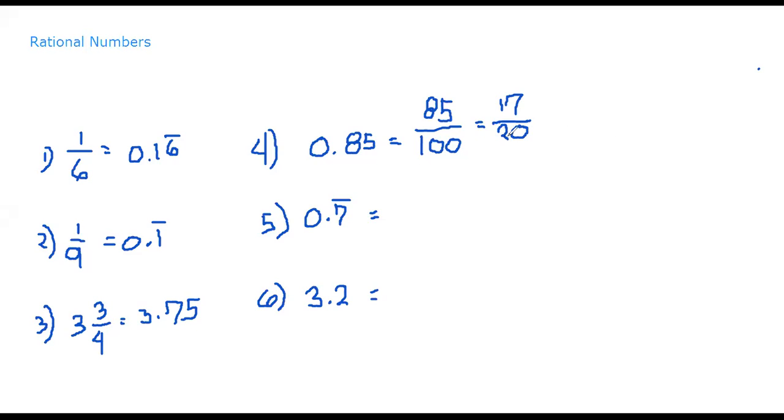So, they are both divisible by 5. Okay. Then, number 5. So, ito na yung lowest term, diba? So, 17 over 20 na yung ating sagot. Dahil nilowest lang natin siya. 85 divided by 5, that is 17. And 100 divided by 5, that is 20. So, 17 over 20 yung ating sagot.